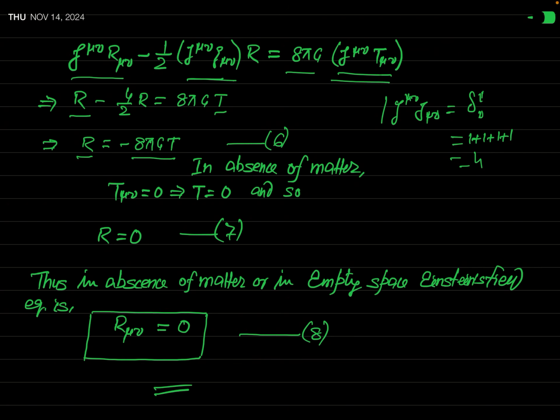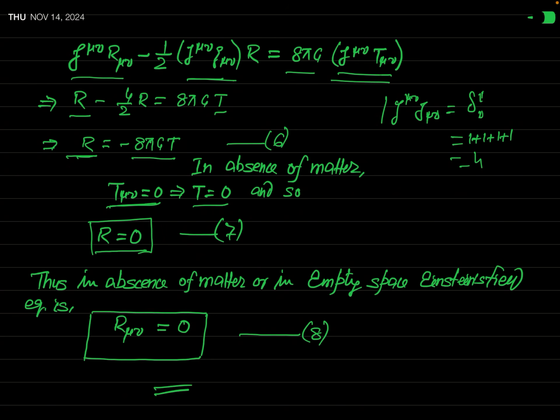But if you talk about empty space, vacuum, free space, where there is no matter, then in the absence of matter, this material energy tensor will be 0. No stress will be developed, the energy momentum tensor will vanish. And T mu nu is 0, that implies that T will also be 0. And if T is 0, then this Ricci scalar is also equal to 0.